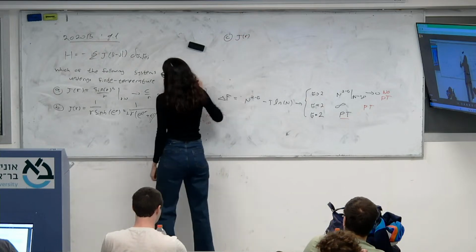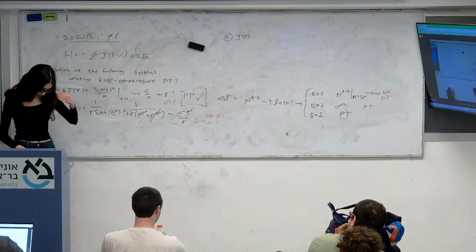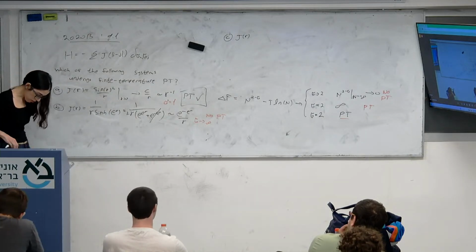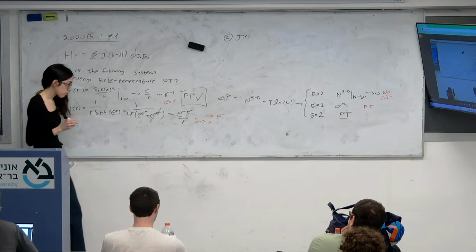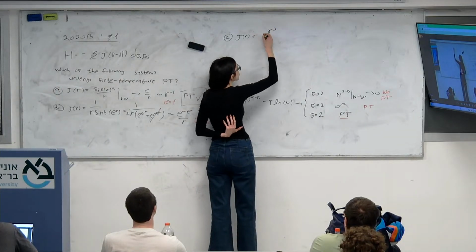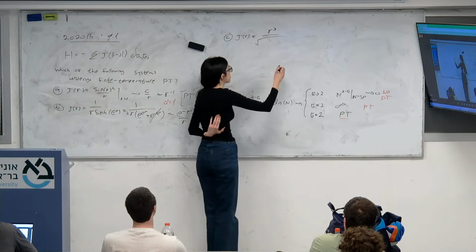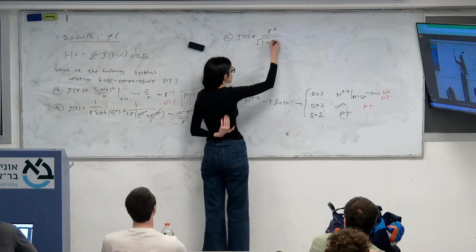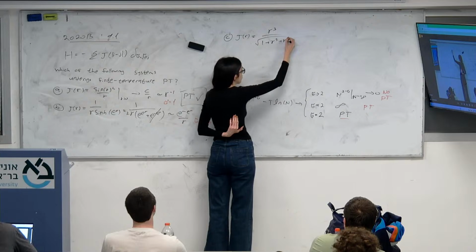J of r is r cubed over the square root of 1 plus r to the power 5 and r to the power 10.